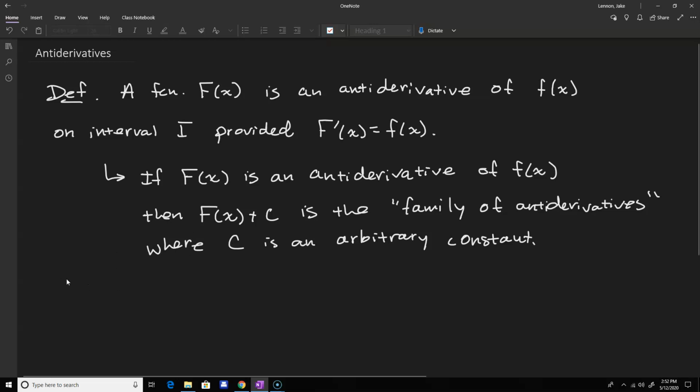So let's just do a couple basic examples with maybe some polynomial or power functions. So let's say find the family of antiderivatives of each function.